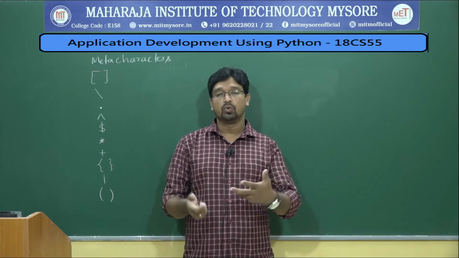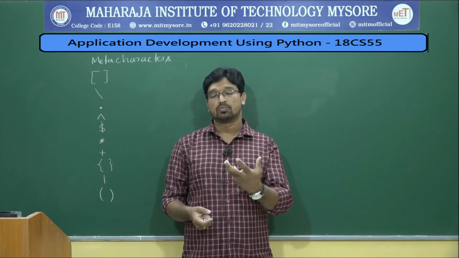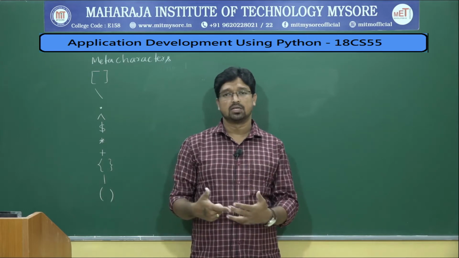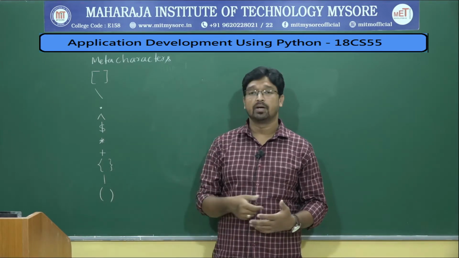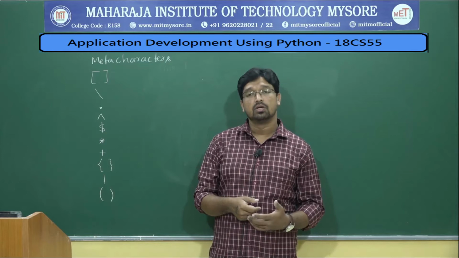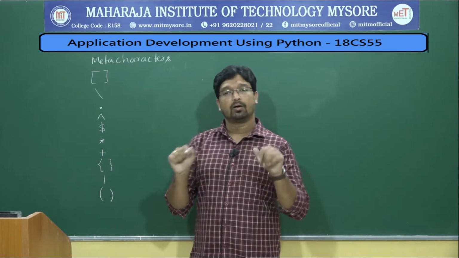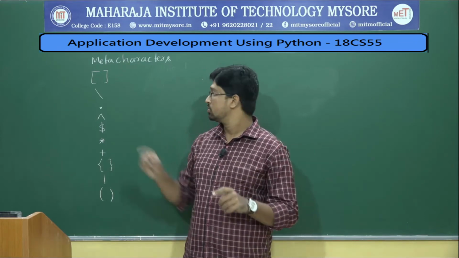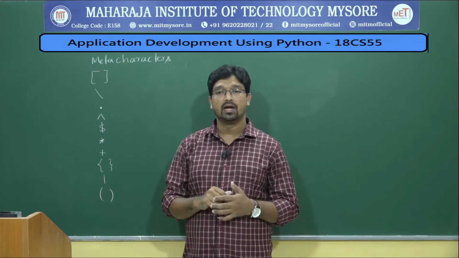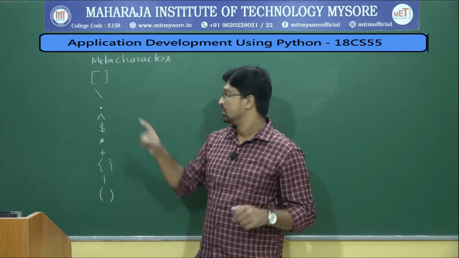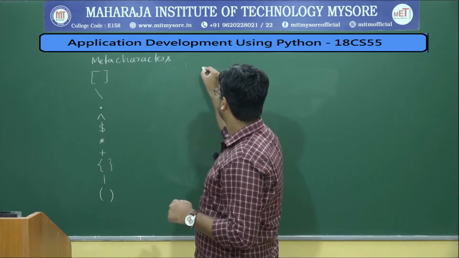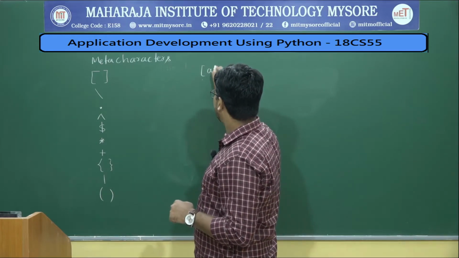We can improve the matching of strings in regular expressions using these metacharacters. These are some metacharacters we have used. Let us consider square brackets. If you enclose characters in square brackets, it indicates a set of characters. Let us say you want to match only a, b, c, d.